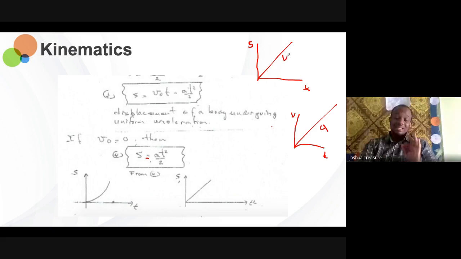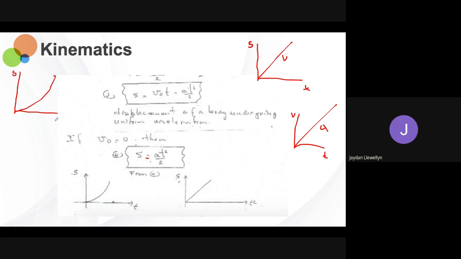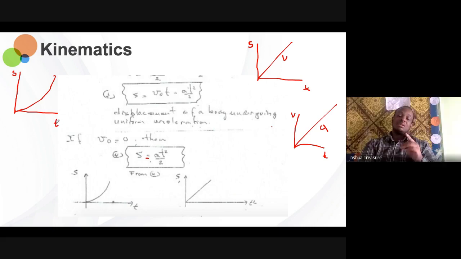Just to be clear. Now, on a displacement time graph, you have a curve. What does this indicate? Exactly. So the velocity is not constant here.